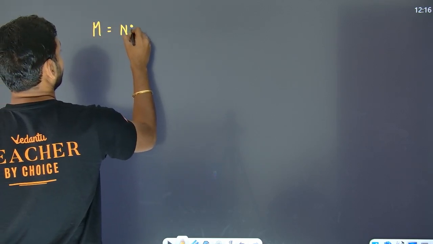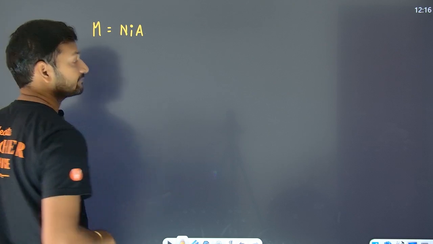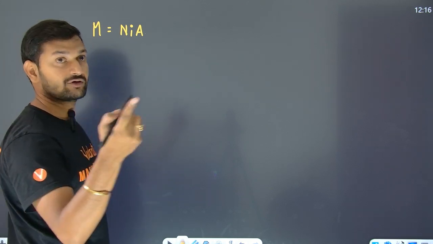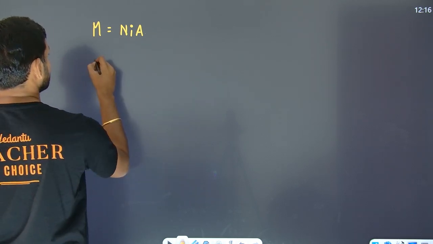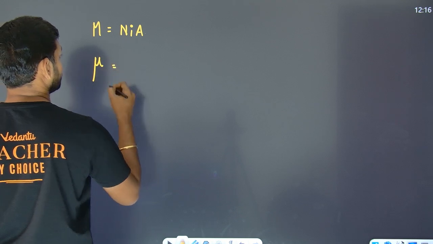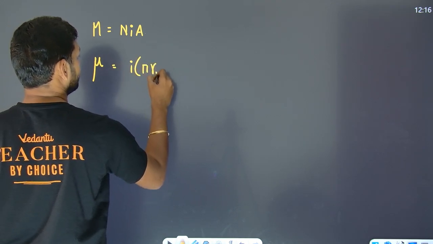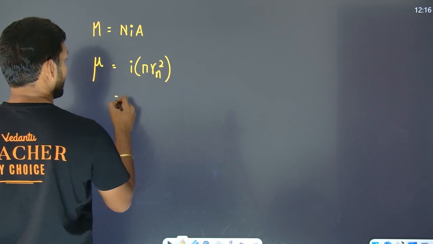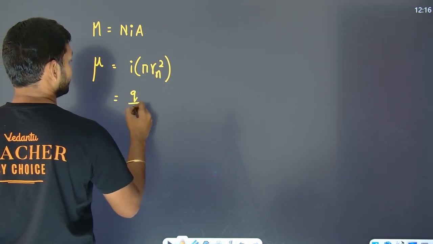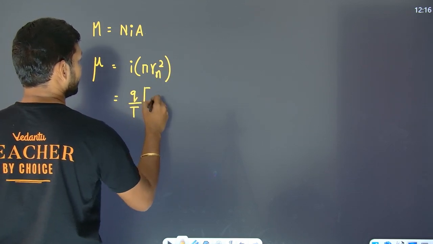If you remember, NIA. Here we have only one electron, so there won't be multiple loops. So the magnetic moment represented with mu is going to be I into area of the loop, which is pi Rn square. I is going to be what? The charge divided by the time period, right?